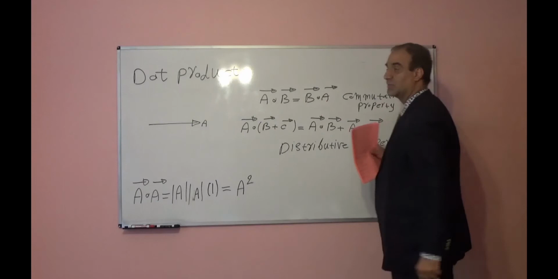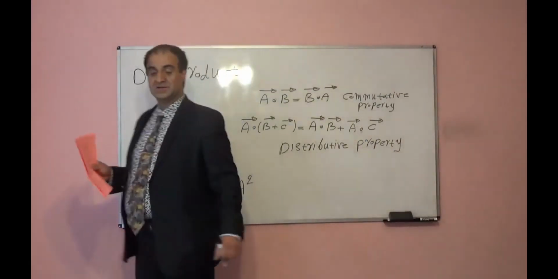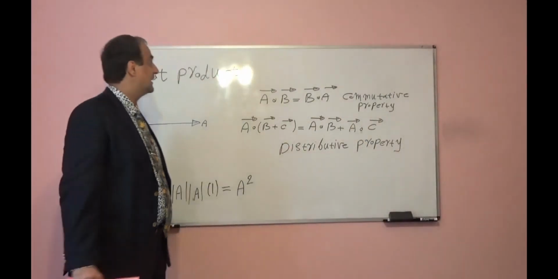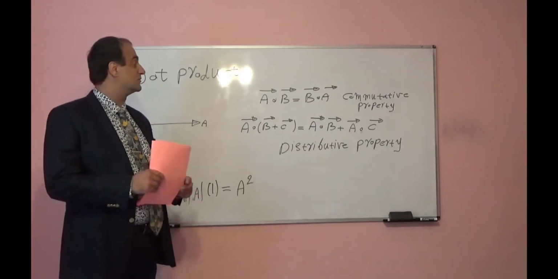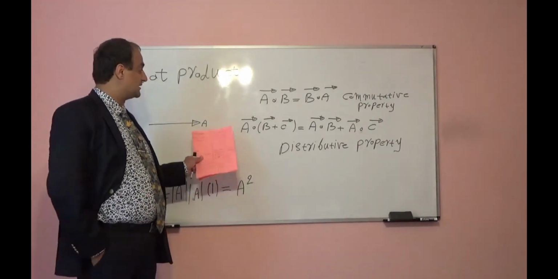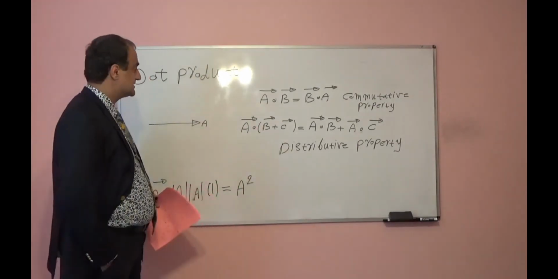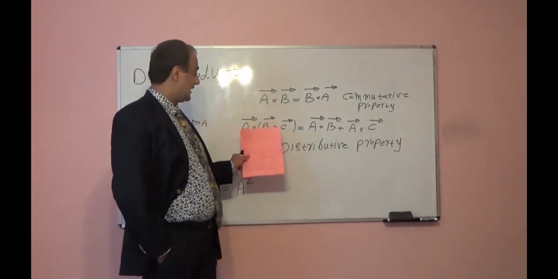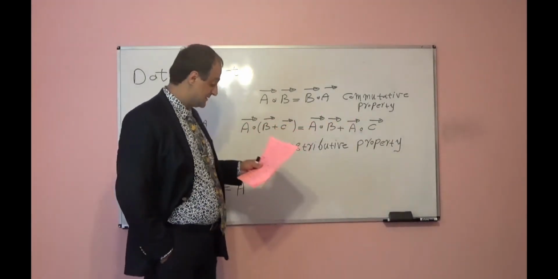So for the dot product, we have those two properties: A dot B is equal to B dot A, and A dot (B plus C) is equal to A dot B plus A dot C.